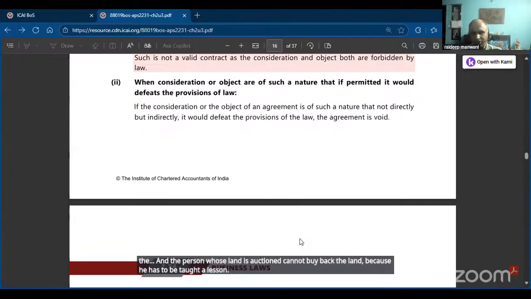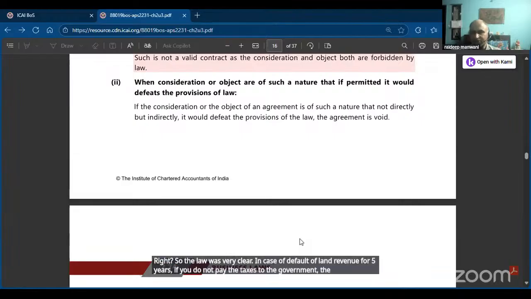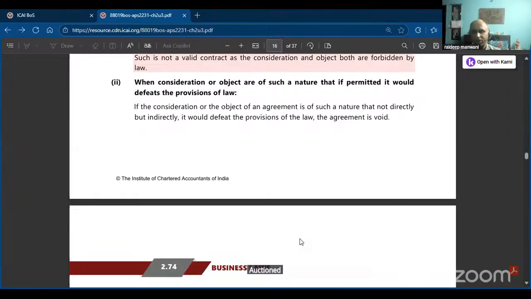Otherwise again he'll buy back the land and then again he will not pay the land revenue. So the law was very clear. In case of default of land revenue for 5 years, the land of that person will be auctioned, and the person whose land is auctioned cannot buy back the land.